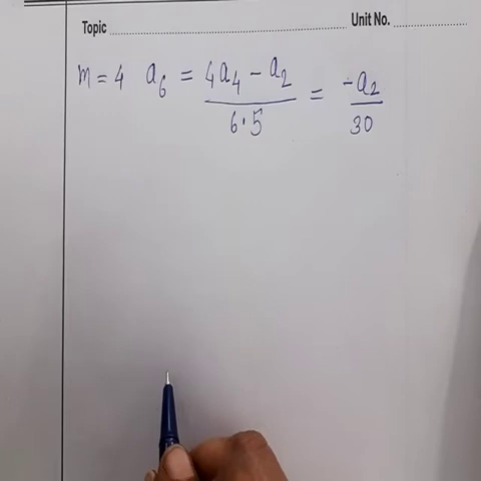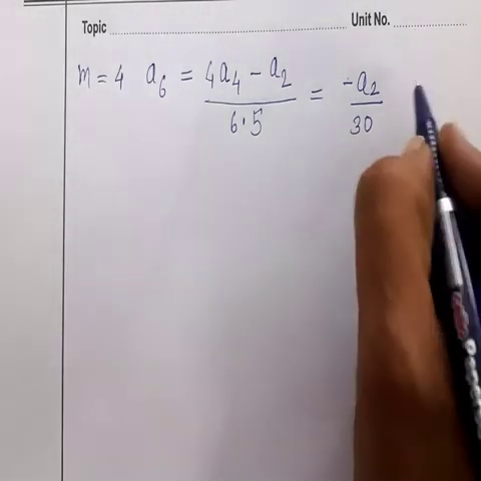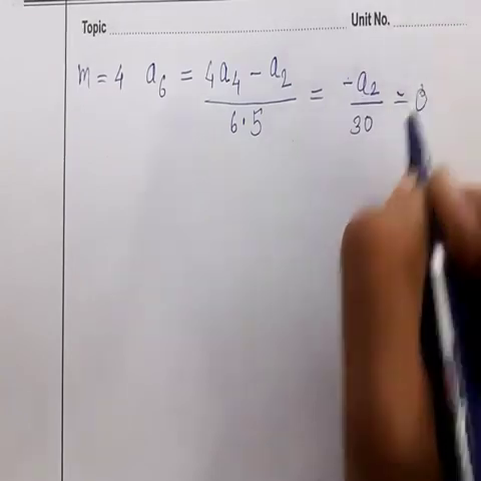But a2 and a4 both are 0, so this value becomes 0.